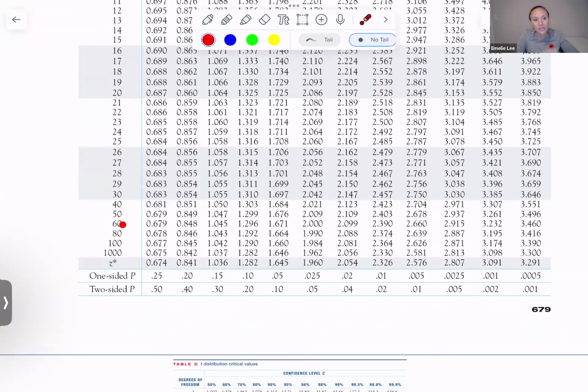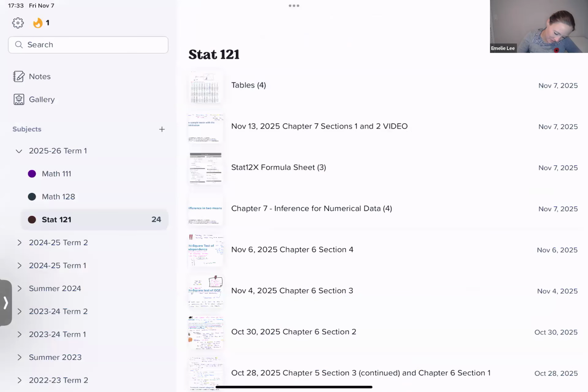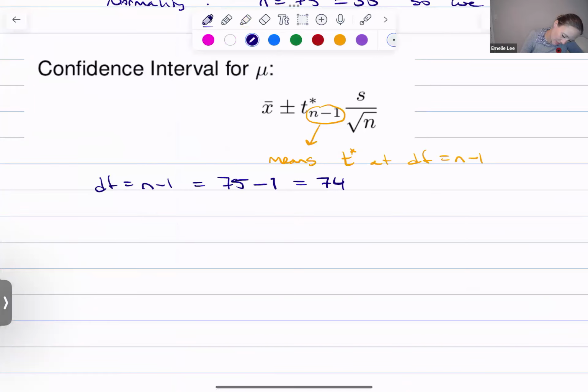Okay? And if you're making a change, right, like using 60 instead of 74, if you had software, if you're using Excel, you can use 74, right? But for the table, we have to round down. So what I want you to do is make a note here, but using degrees of freedom equal to 60.